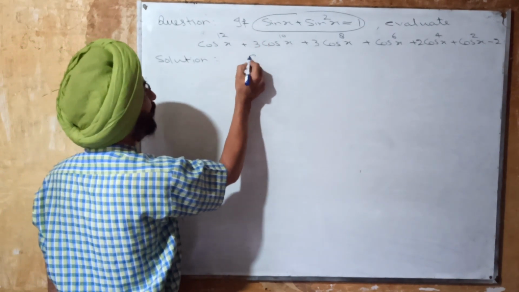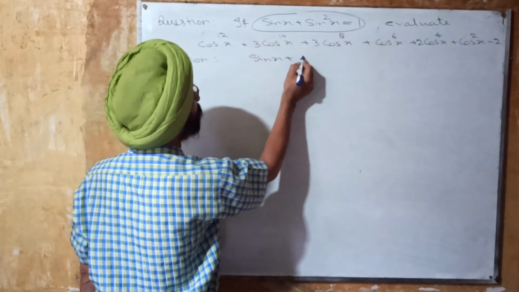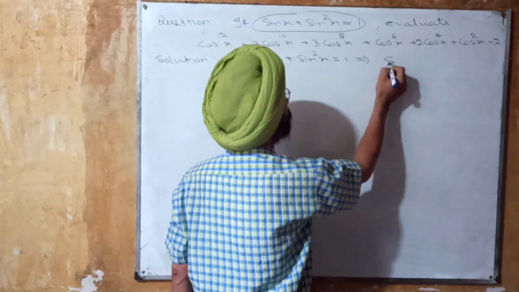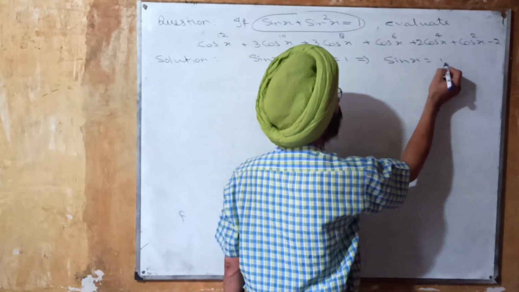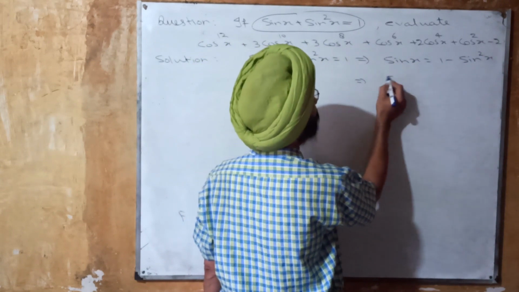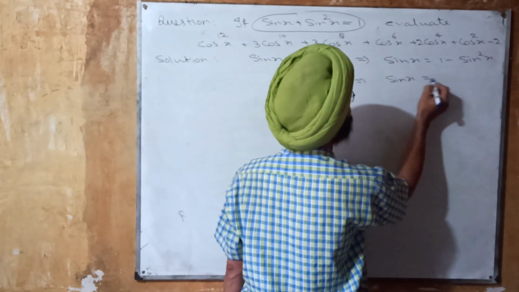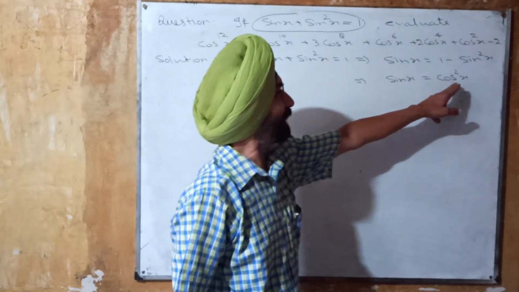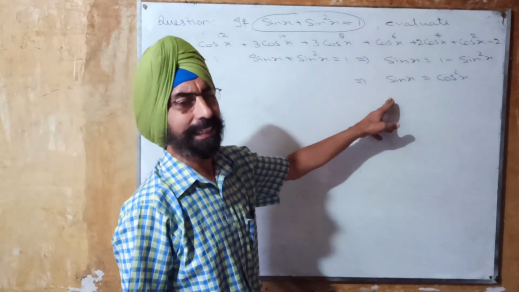This sin x plus sin square x is equal to 1 implies sin x is equal to 1 minus sin square x, and we know that 1 minus sin square x is cos square x. So cos square x is coming out to be equal to sin x.